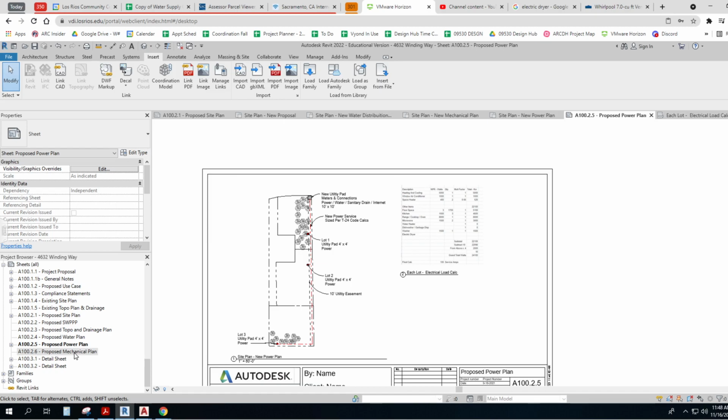But you're not going to need that for this. We just put it on there so that we had a placeholder for it.